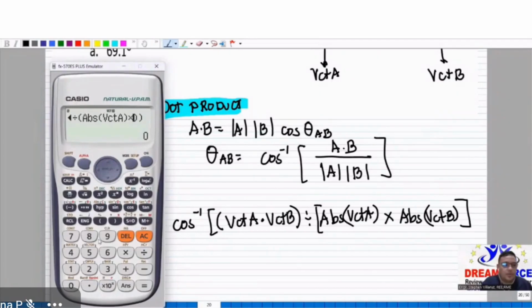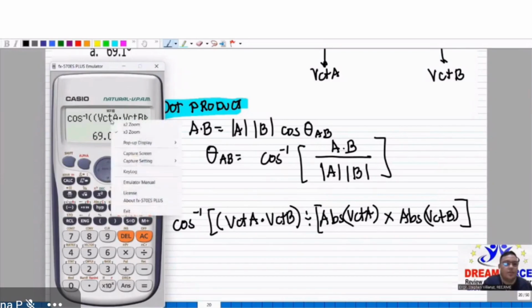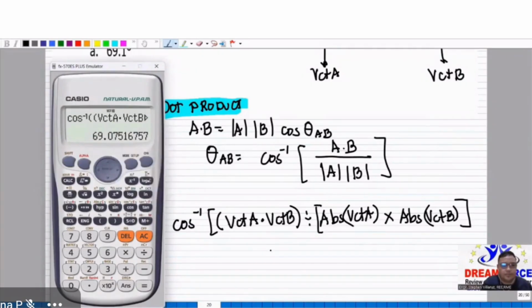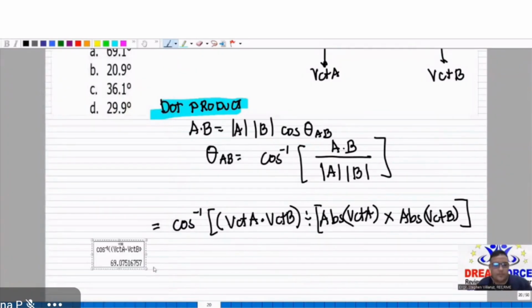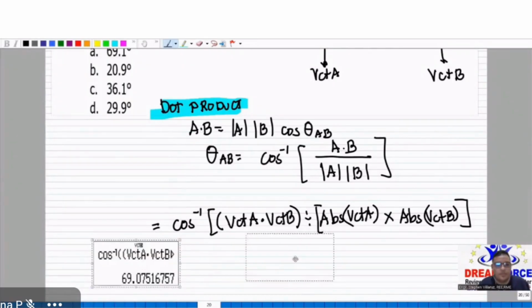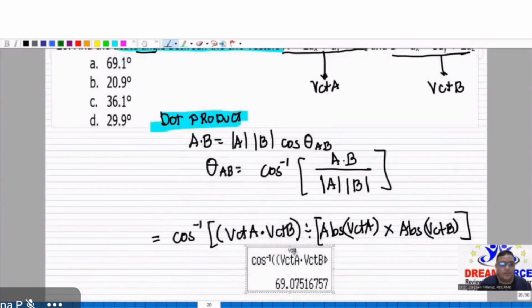Multiplied by, so that is shift hyp ulit, absolute value ng B. Okay, so sasaraduhan lang ulit natin yan. So, press natin equal. So, this is 69.075. And that's letter A.